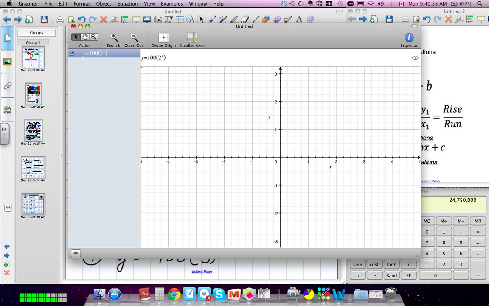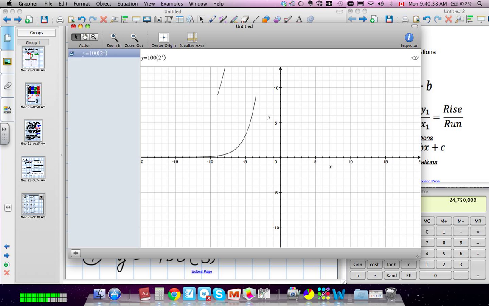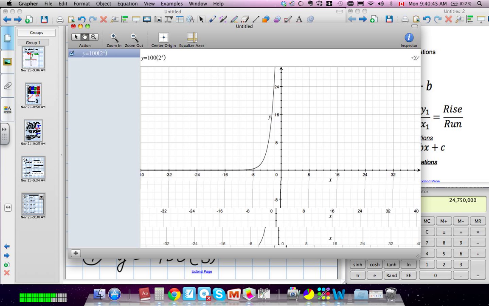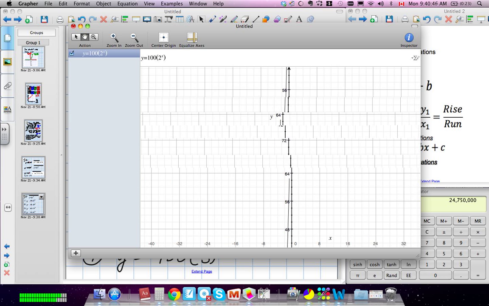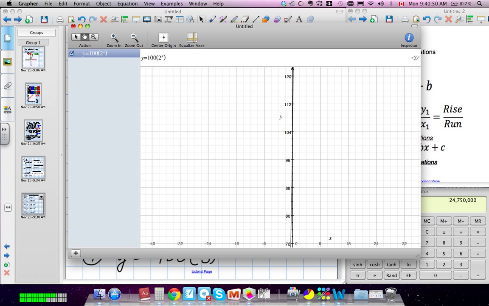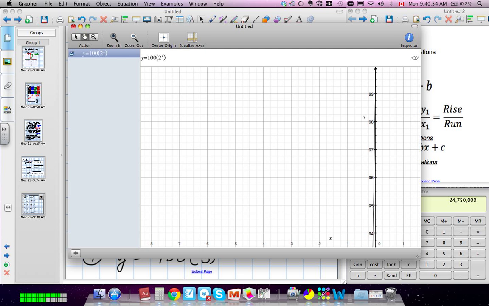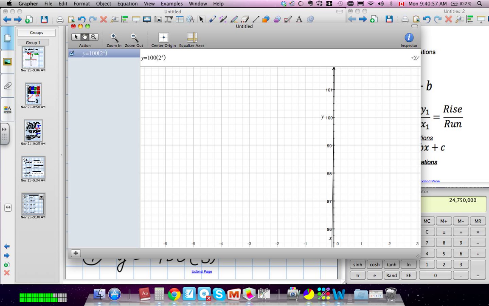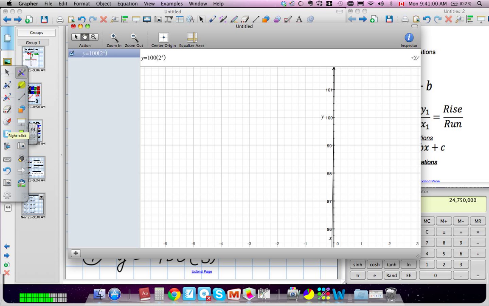When we take a look at this, this is what our growth model looks like. I want you guys to notice that our model is crossing at the number 100.